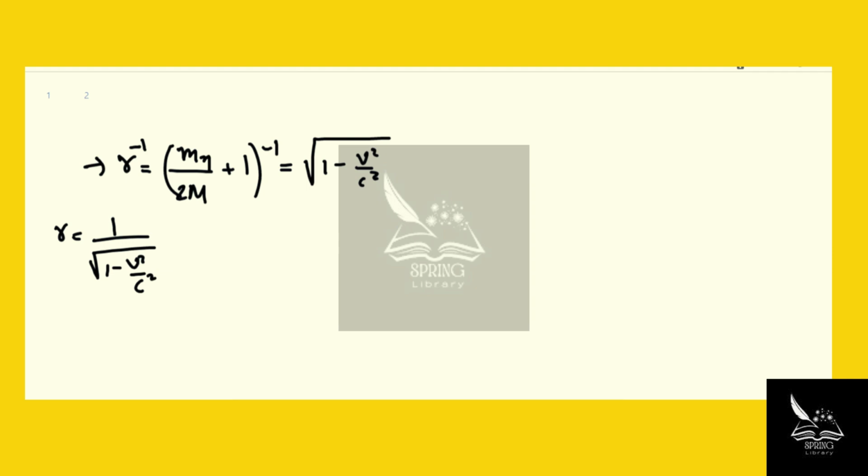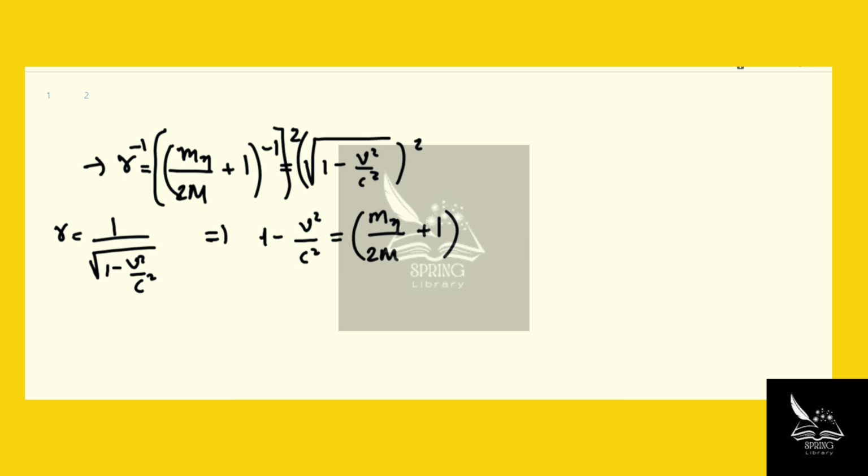Then if I take the square of both sides of this equation, then what I have is 1 minus v squared over c squared equals m nu over 2 capital M plus 1. We had taken the inverse of it, and now we're squaring it, so it's going to be the square of the inverse. The order does not matter.